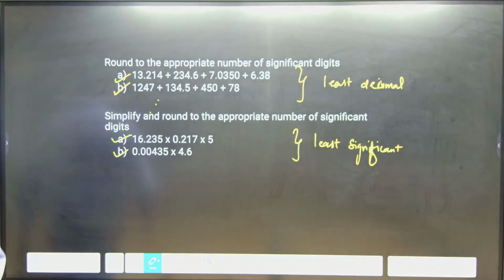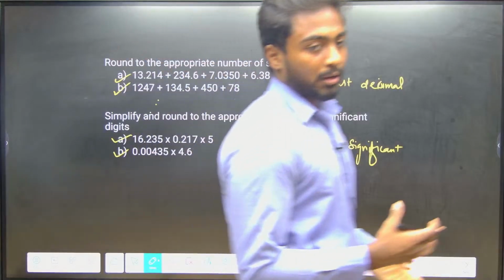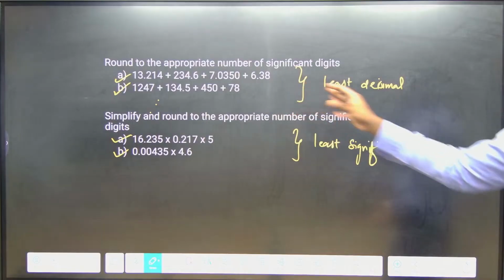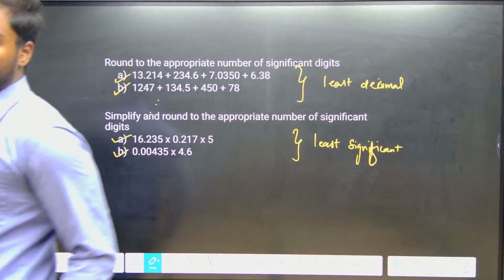Next one we'll talk about the types of errors. Till now we were talking about the measurement, how to measure the quantity, how to take significant figures. Now we'll talk about what types of errors there are.